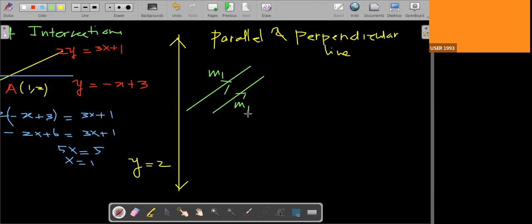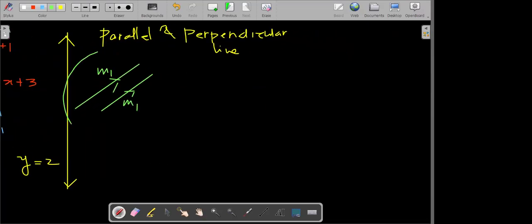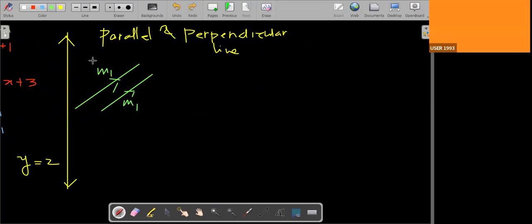Two lines can't be parallel if they're directed towards two different angles. So it must be directed towards one single angle to be parallel, right? So that's why they have the same gradient.